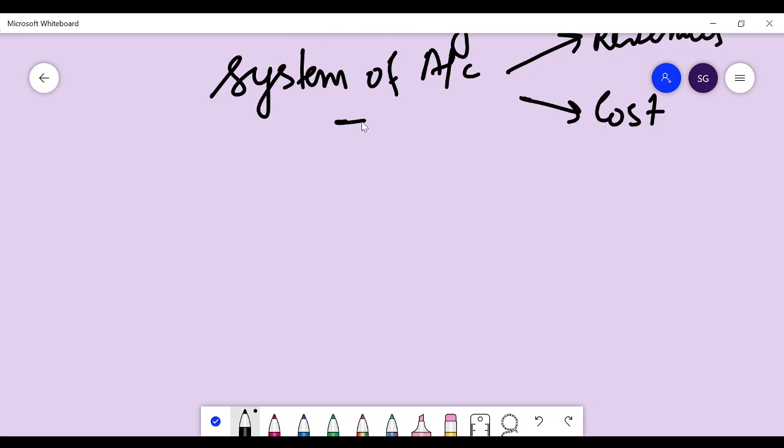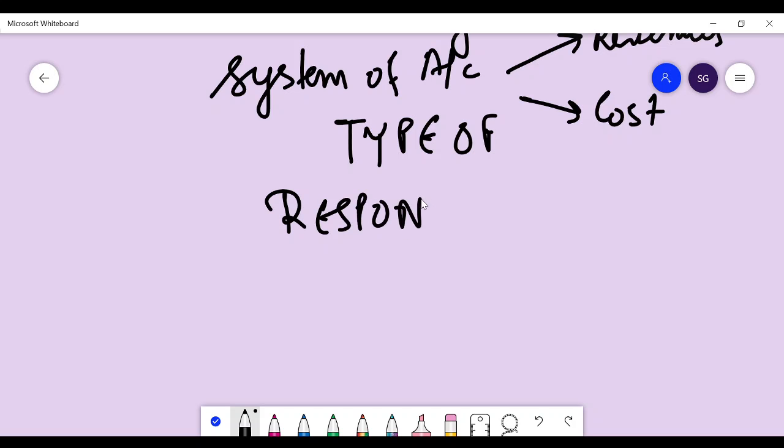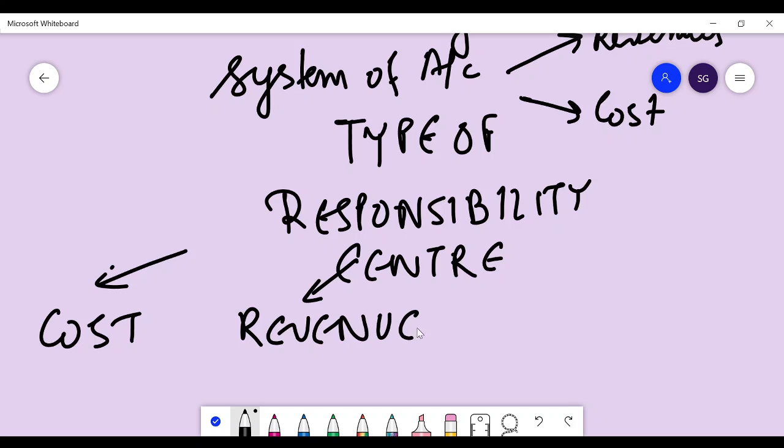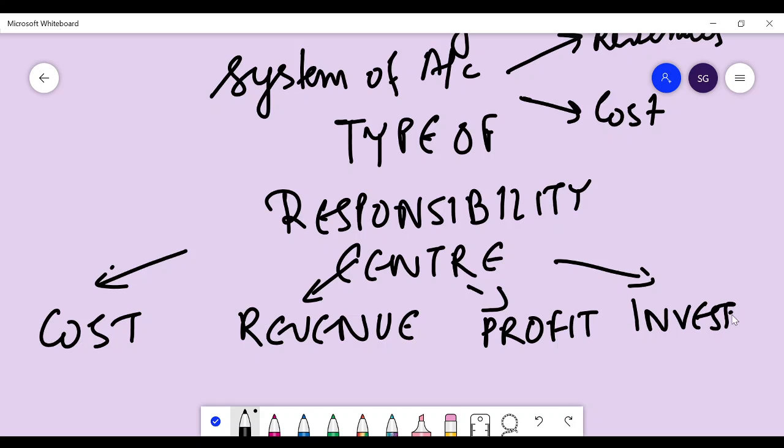Next we have the types of responsibility center: cost, revenue, profit, investment.